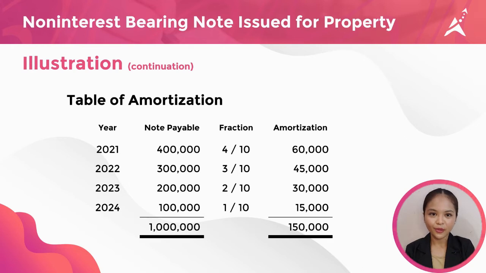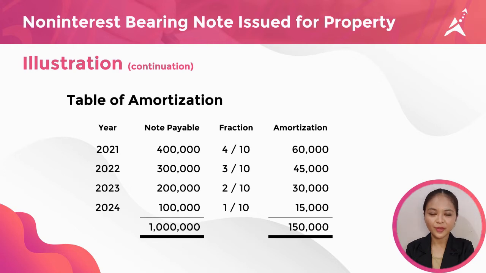On the next column, it is the fraction which is equal to the note payable outstanding each year over the total amount of outstanding note payable. Lastly, the column for amortization is the amount of discount multiplied by the fraction developed. For example, for 2021, 150,000 pesos discount times the fraction 4 over 10 is equal to 60,000 pesos.